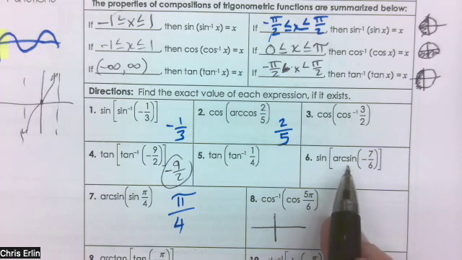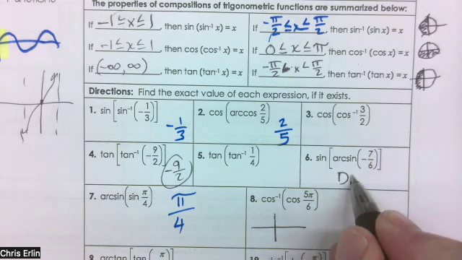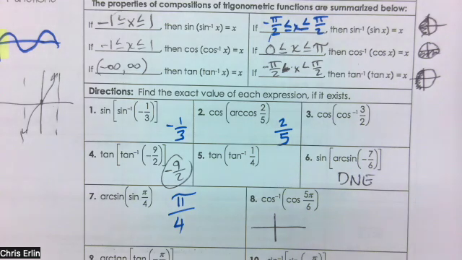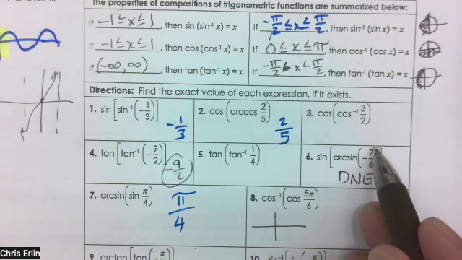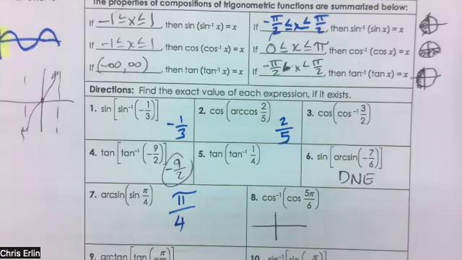Is it possible for any angle, when I take the sine of it, to give me -7/6? No. Impossible. Does not exist. In other words, if the sine is the opposite over the hypotenuse, this suggests that in this triangle, the opposite side is longer than the hypotenuse. That's impossible. That just does not exist as an angle.